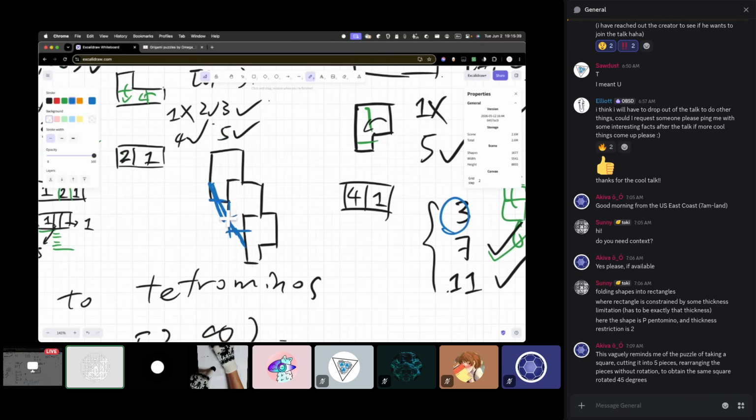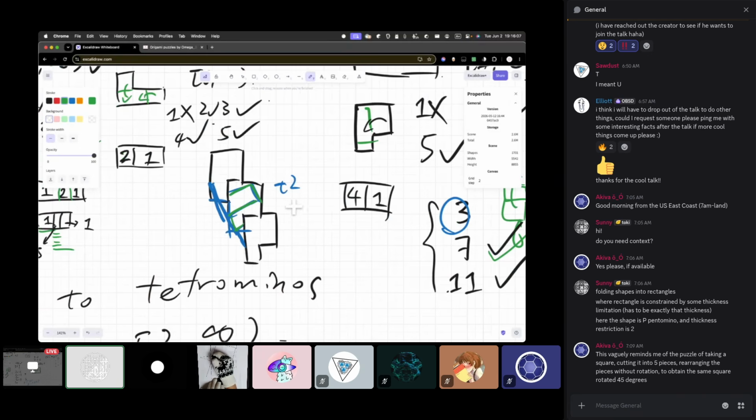So if this is here, I'll build it out here, and here, and here. So this is how one of the foldings for thickness 2 would work, right? You would fold along these creases, and you will be able to get a thickness 2 rectangle from this P piece.